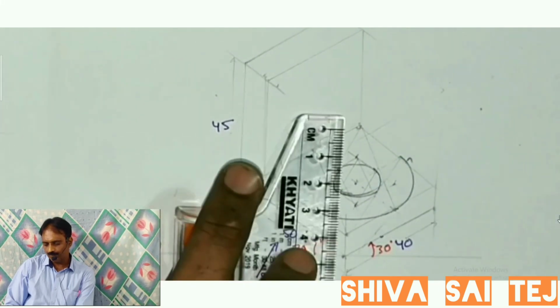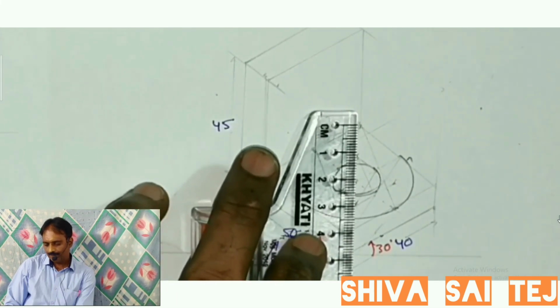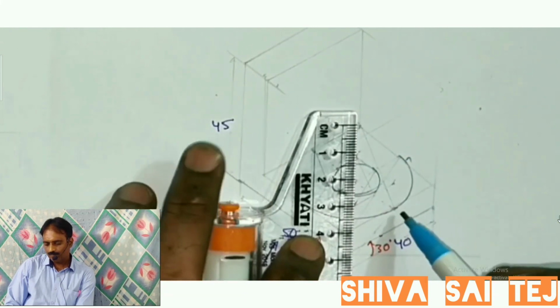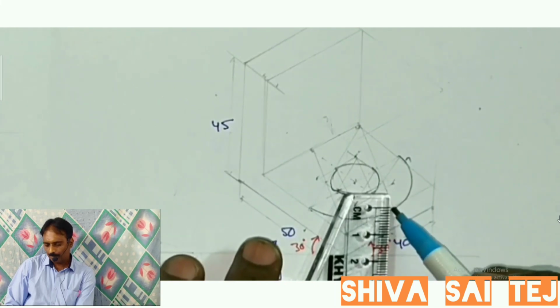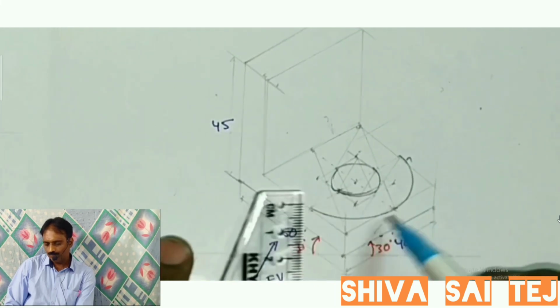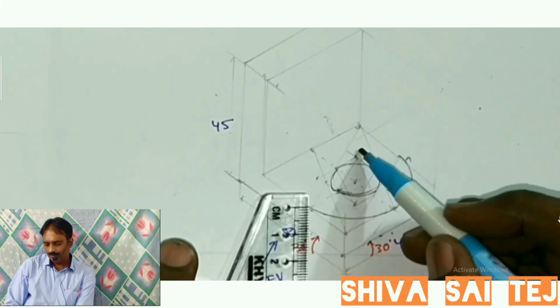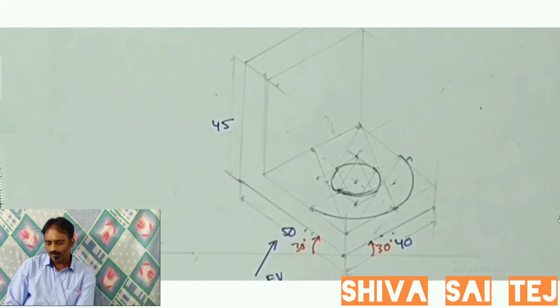All these 3 points we have to move in the downward direction by 10 units. So it's very simple. And once we move those 3 points, join them in order to construct the semicircle for the bottom layer.